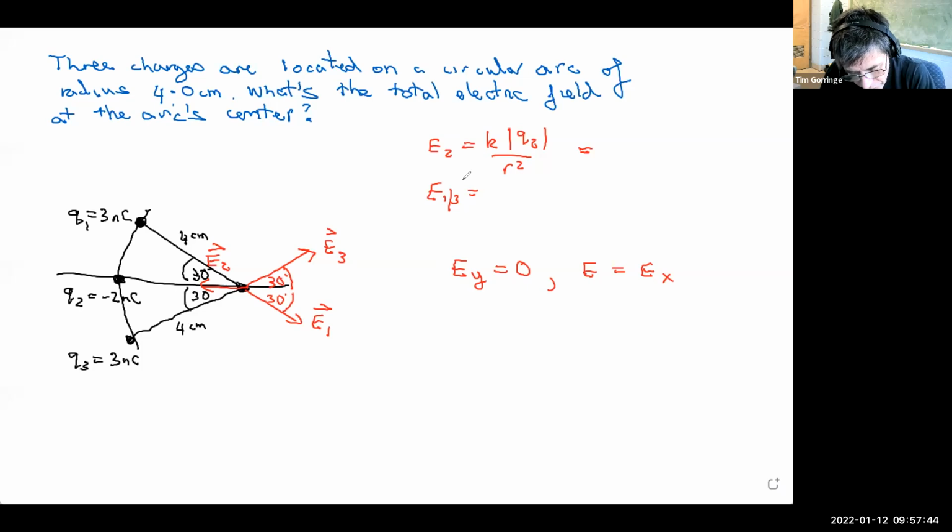Their electric fields will be the Coulomb constant times the magnitude of their charges divided by, again, the square of the distance. So I've just got to do these 2 little calculations to find the individual electric fields at the field point due to the individual charges. Let me go ahead and actually do that calculation.